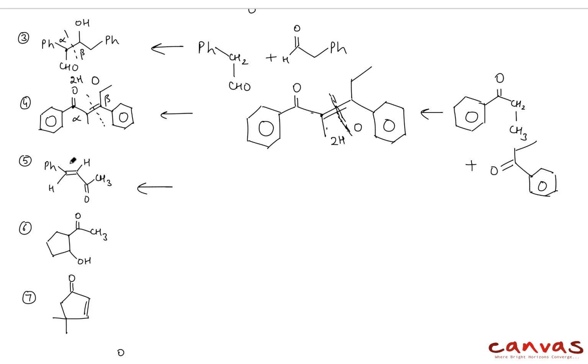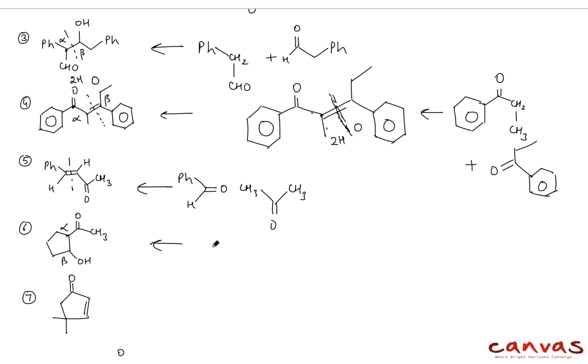Okay, same thing. Alpha beta, break the bond, add oxygen here. So PH, H, just you add oxygen. Here you add 2 hydrogens. So this will become CH3, CH3. Here this is alpha, this is beta, you break the bond. Now this is a result of intramolecular reaction.